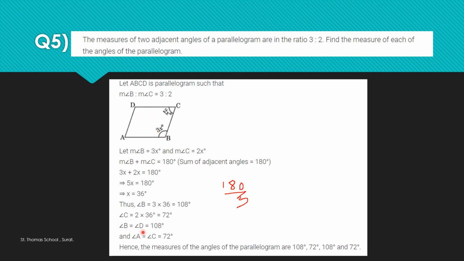So angle B and angle D are 108 degree, and angle C and angle A, again opposite angles, are equal. So angle A and angle C are 72 degree. Hence the measures of the angles of the parallelogram are 108 degree and 72 degree, and again 108 degree and 72 degree. It's clear?